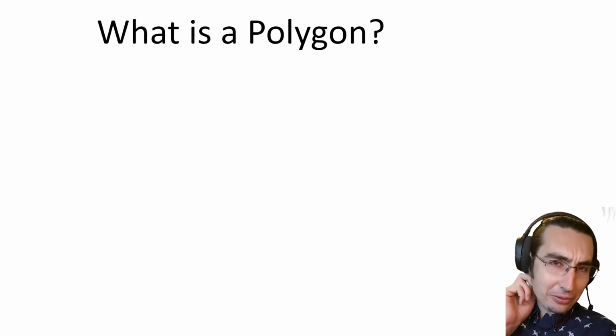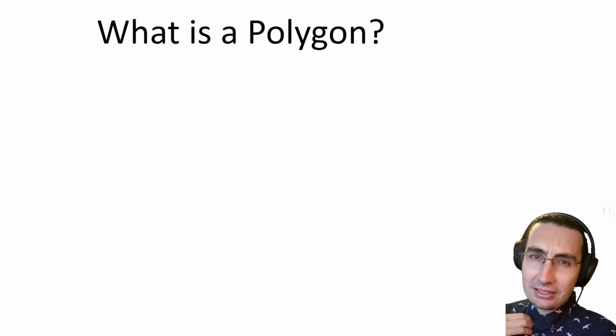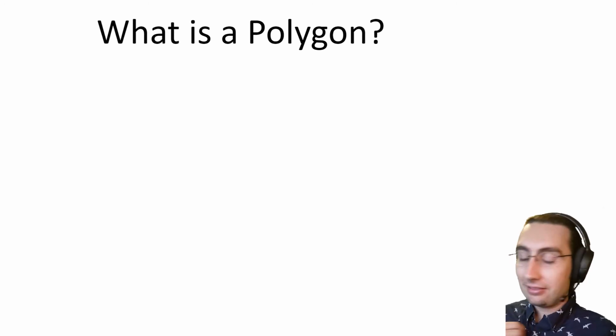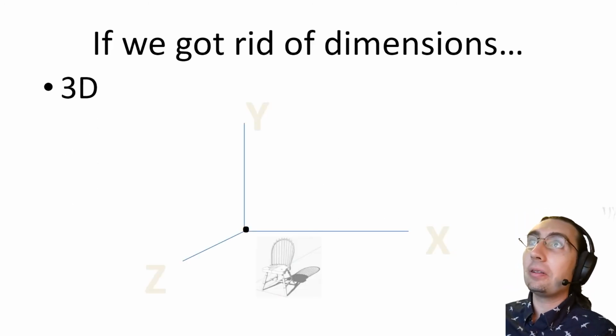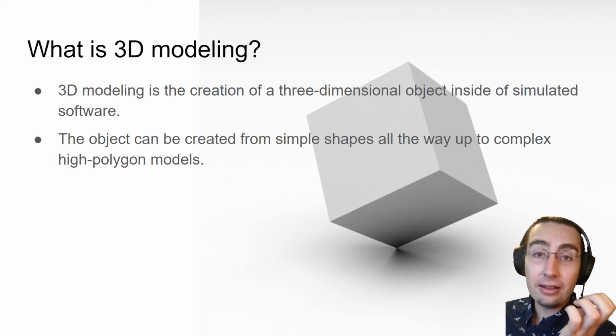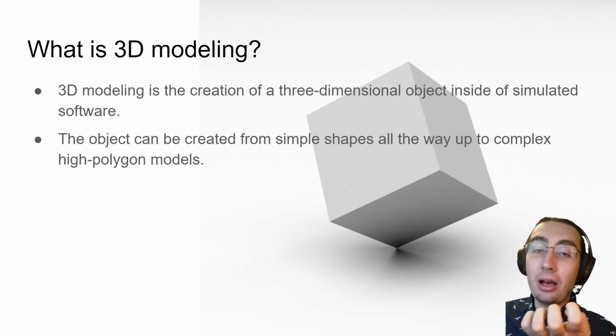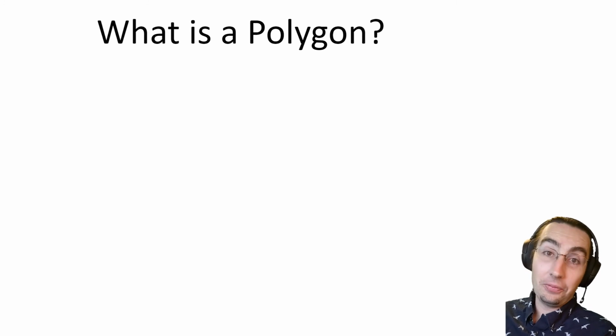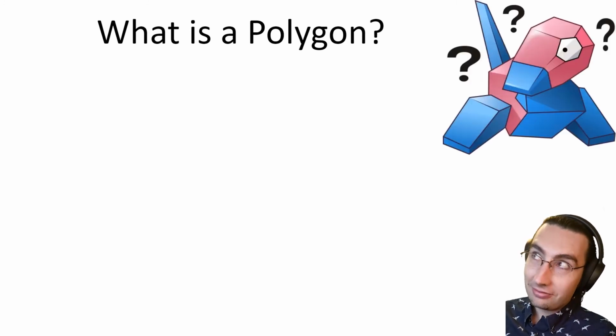But let's go back to that other word I was talking about a second ago. What's a polygon? The object that you create when you're modeling something can be simple shapes or high polygon models. So, what's a polygon?